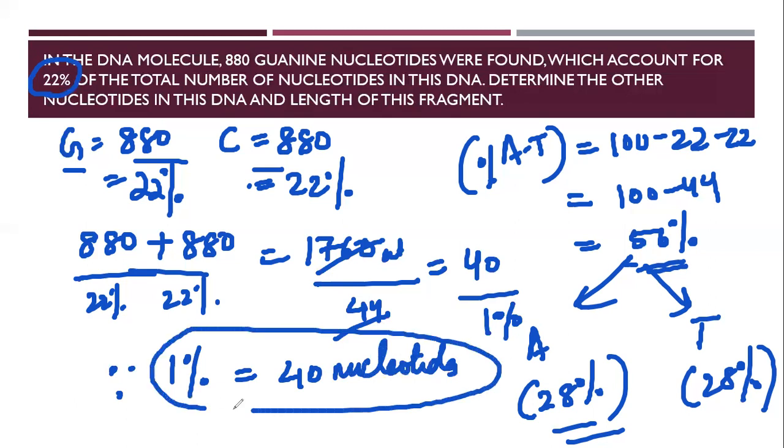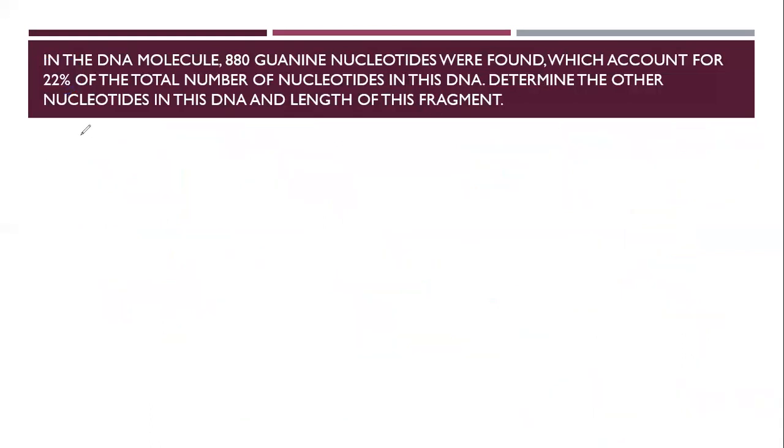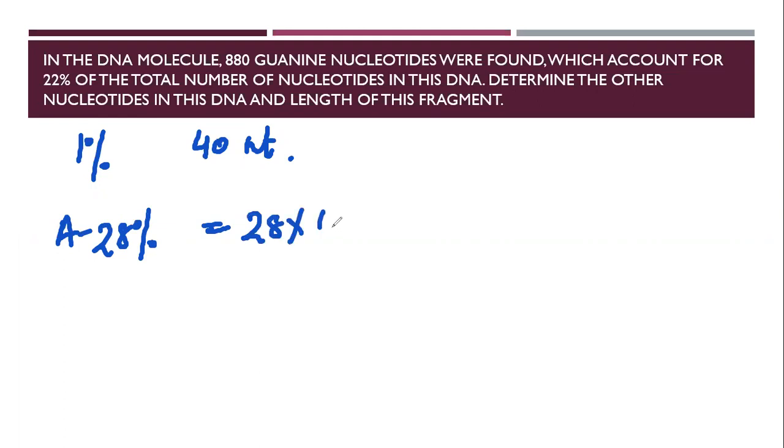Is this step clear? Yes, ma'am. Now I know that 1% means 40 nucleotides. So how many was I having? A is 28%, right? So A will be 28 into 40.